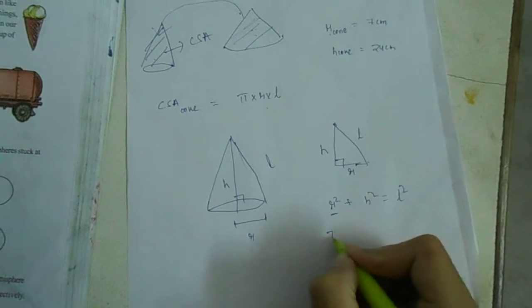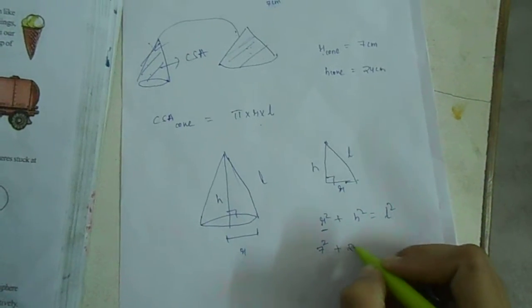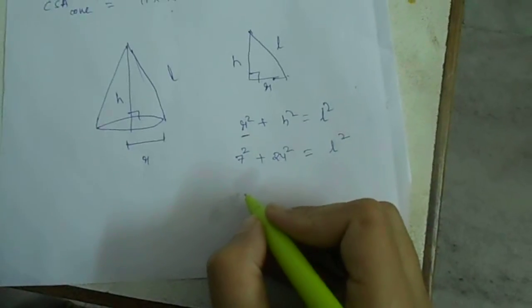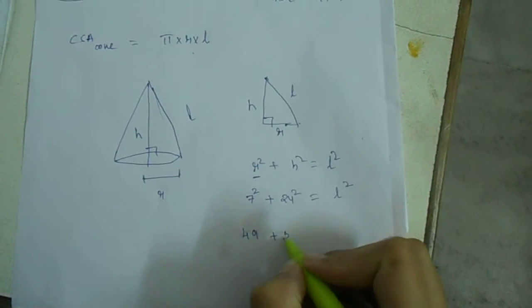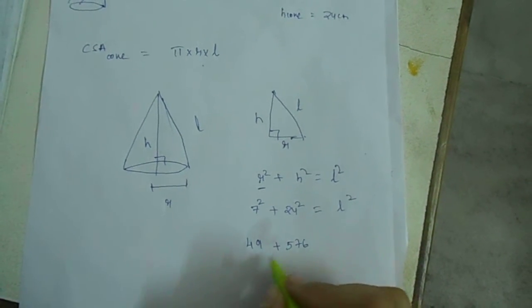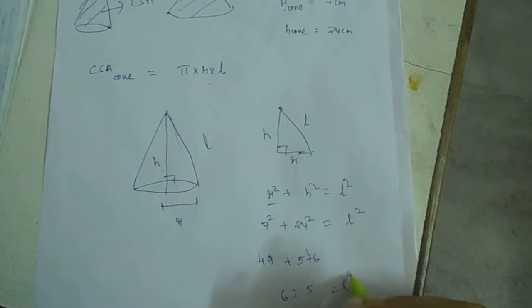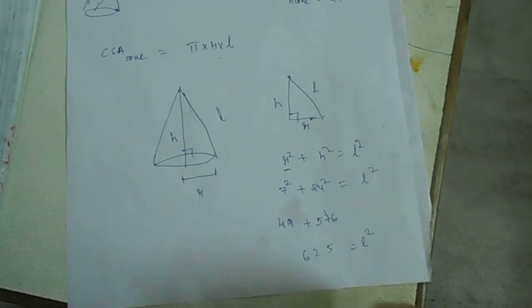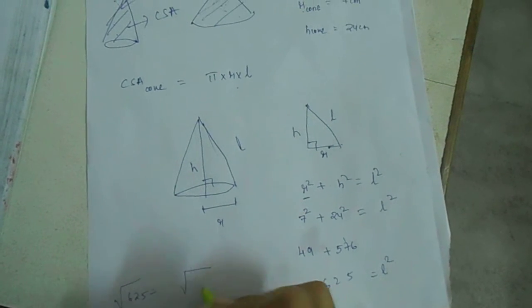Now let's apply that. Radius of the cone is 7 centimeters, so 7 square, plus height 24 square, is equal to L square. 7 square is 49. 24 square is 576. So 49 plus 576 is 625, equal to L square. Taking the root, root over 625 is equal to root over L square.